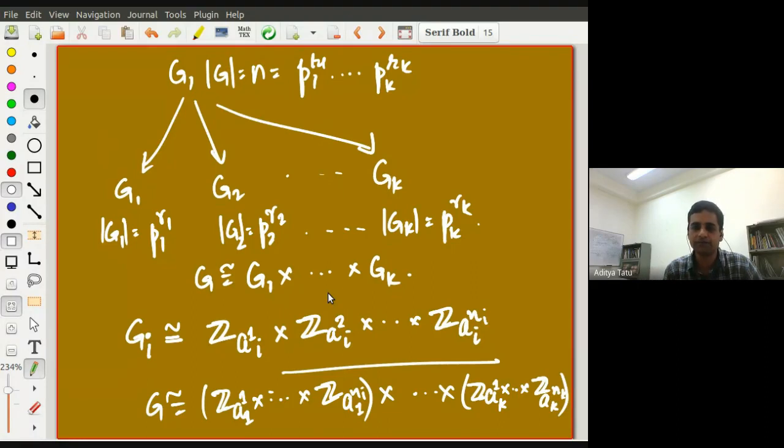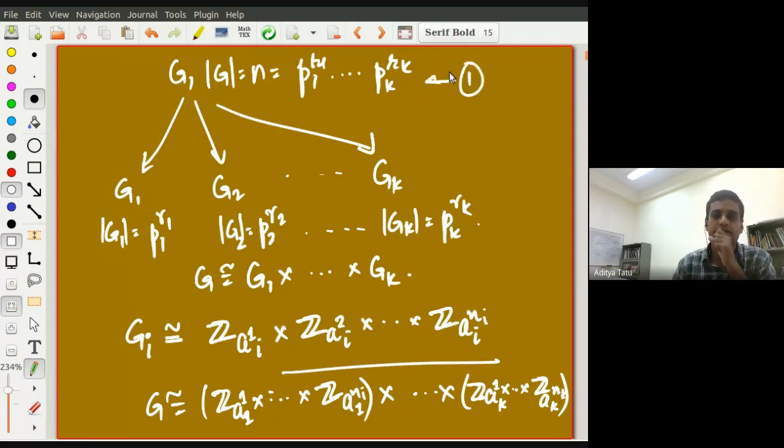The way we are going to prove this is in two steps. First, let's say the order of the given finite abelian group is n. Then using the fundamental theorem of arithmetic, we know that n can be written as a product of distinct prime powers. So that is this step.